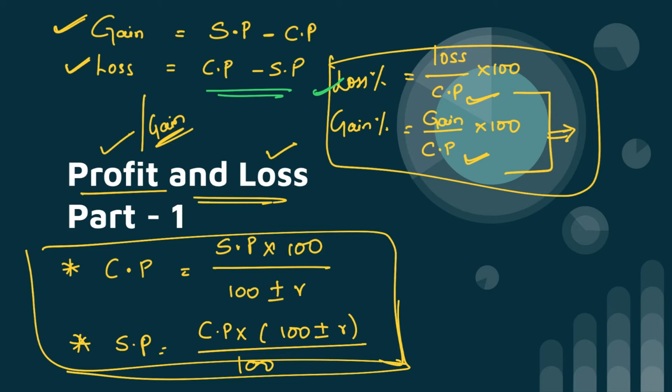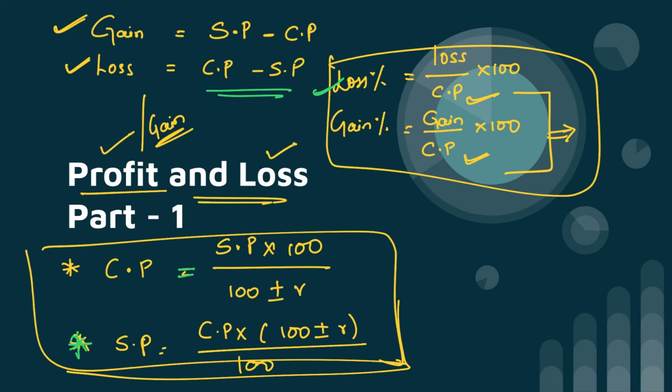To find a cost price: selling price into 100 whole divided by 100 plus or minus loss or profit percentage. Next is selling price: cost price into 100 plus or minus loss percent or gain percent whole divided by 100.